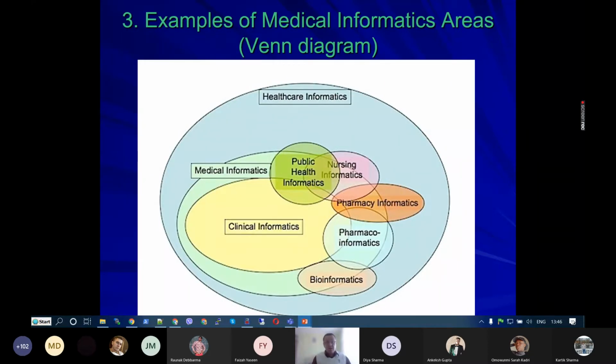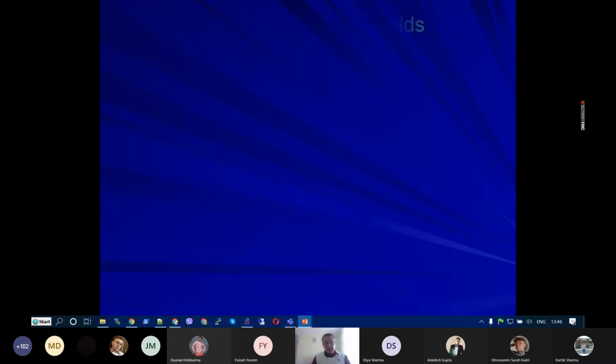In medical informatics we cover only questions related to medical application, and with clinical informatics we are limited only to the usage of information technologies in healthcare facilities, and so on. So here is a parent-child relationship, very fine to be depicted with a Venn diagram.